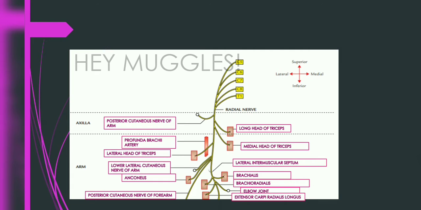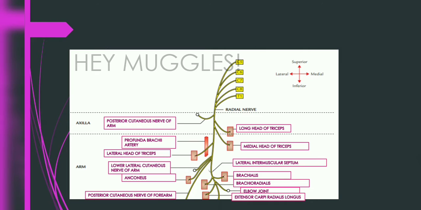In the axilla, it lies posterior to your axillary artery and anterior to the posterior wall of the axilla. It means it is present between your axillary artery and the posterior wall of the axilla.